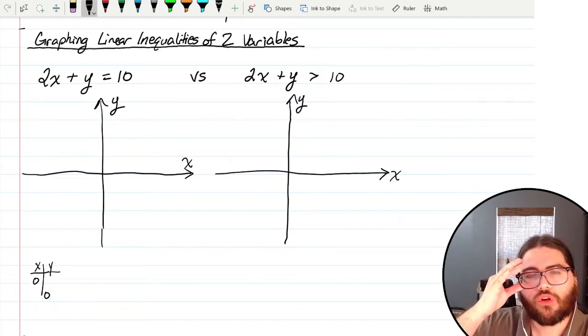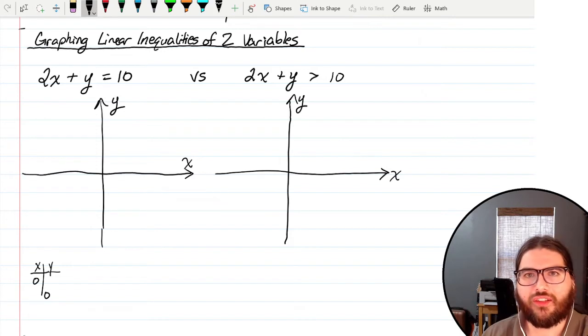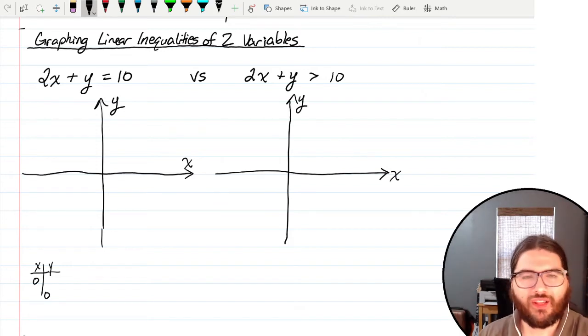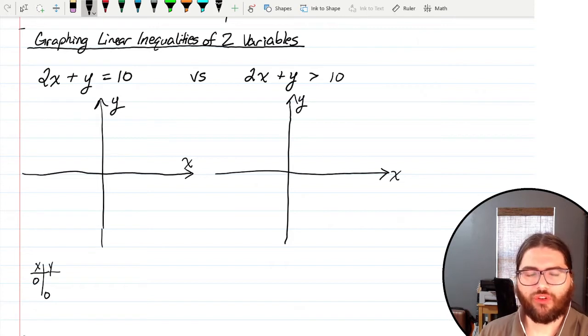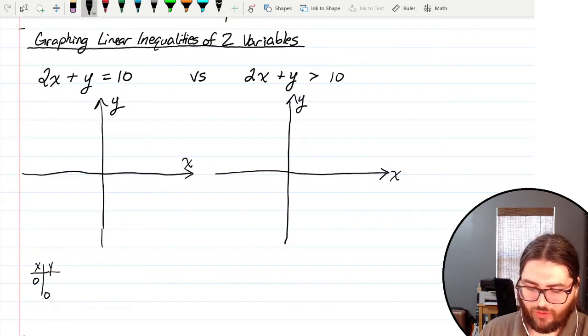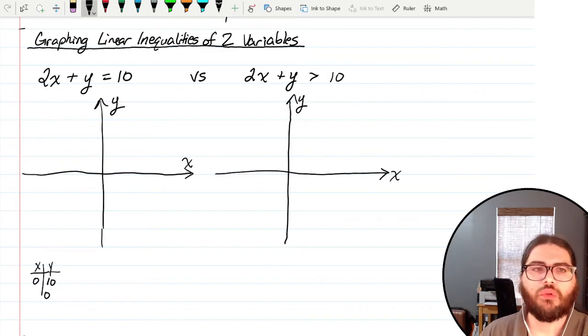It didn't always work, but because this is not a strict math calculus-y kind of class, we often chose the graphs which could be solved and graphed very easily using the intercepts because we don't want to use a whole lot of our time. So if I plug in x equals 0, I'm doing it kind of in my mind here, y would equal 10 because 2 times 0 plus 10, 10.